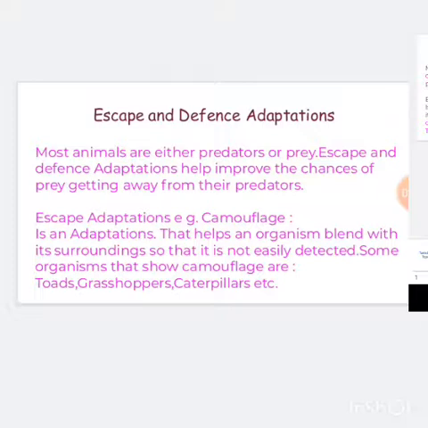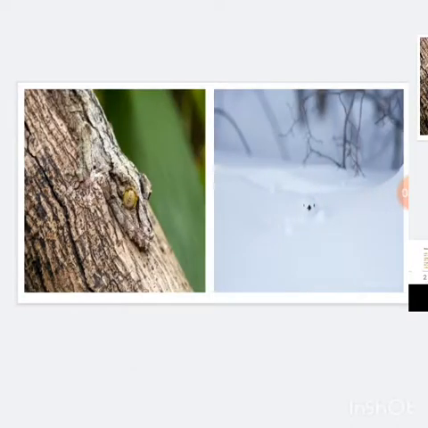Grasshoppers are usually green during the rainy season and where foliage is green, so you'd find them among grasses. Apart from the fact that they eat grass, they are also there so that they can hide from predators. Okay, so caterpillars, etc.